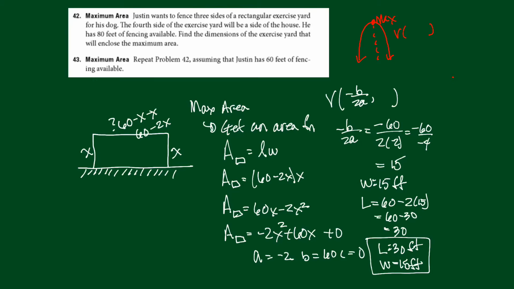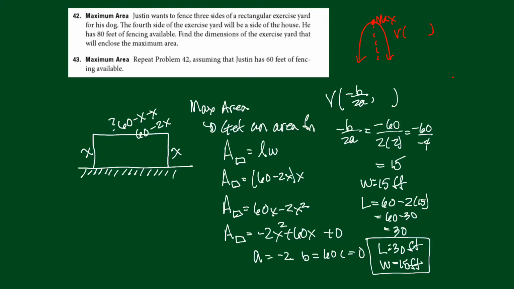And then why not? While we're here, let's just go back. We know what x is, right? If we go back here, what did we get for the x value of our vertex? We got 15. So if we go back into our function and put in 15, we should be able to get the actual area. Not that we're asked for it here, but why not? So let's get that area.